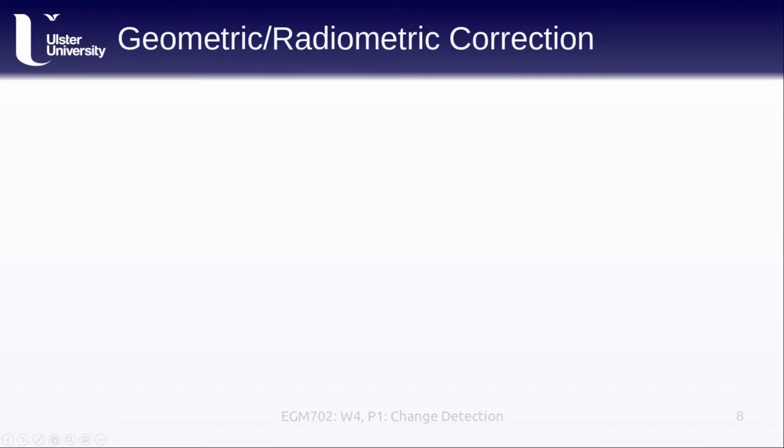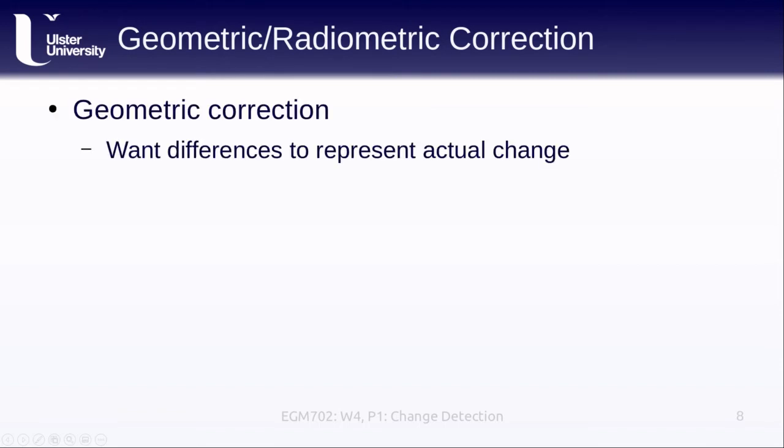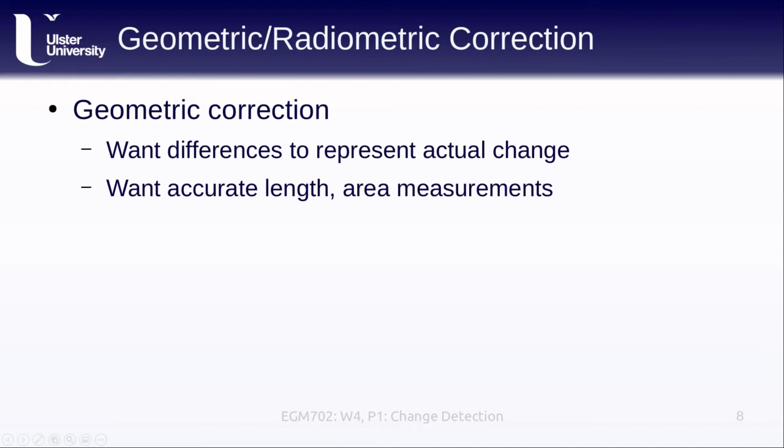In terms of geometric and radiometric correction, we usually want to make sure that our images are geometrically corrected, because we want the differences that we're seeing to represent actual changes in objects on the ground. We also normally want to have accurate length and area measurements, and if our images are not geometrically corrected, then we can't get accurate length or area measurements.